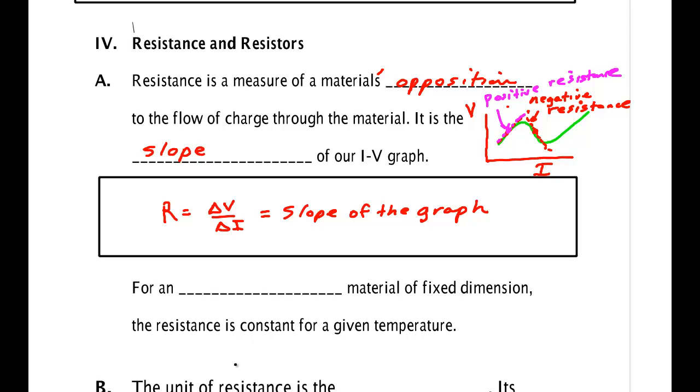Now, in the case of ohmic materials of fixed dimensions, the resistance is constant for a given temperature. And in that case, we can just speak about the resistance as equal to V divided by I. So in general, it's this, and it's often called the dynamic resistance.